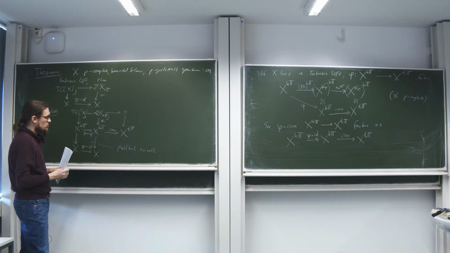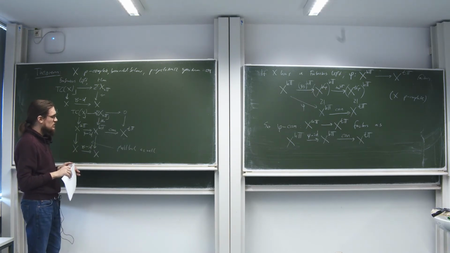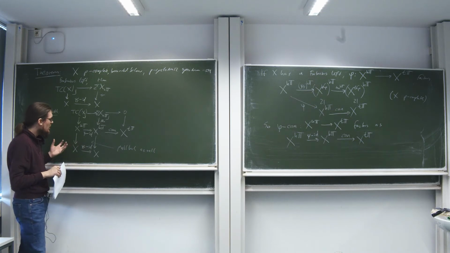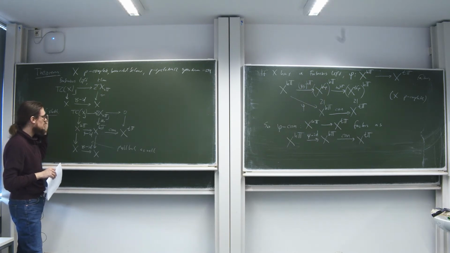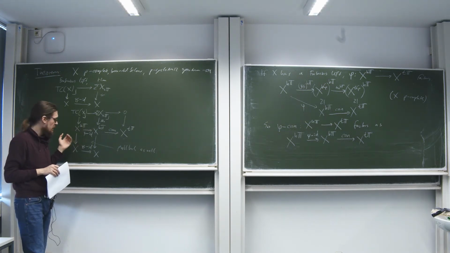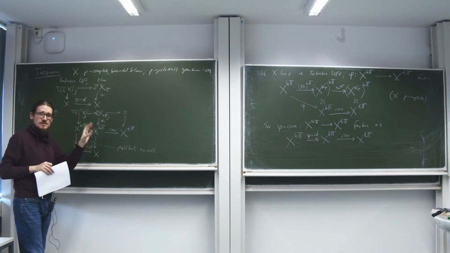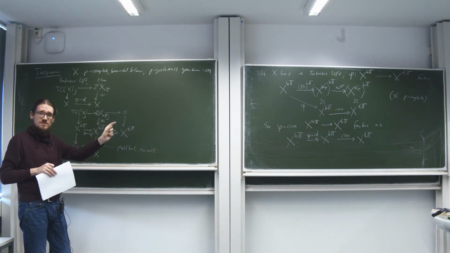And I don't want to do that in detail. If you want to see the details, this is done in section 4 of the Nikolaus-Scholze paper on topological cyclic homology. But the idea is roughly, think about the case where x is just Eilenberg-MacLane, say the p-adics, and the T-action is trivial. In that case, up here, you're seeing something like the cohomology of Cp infinity. And down here, you're just seeing the p-adics, sort of the degree 0 cohomology of Cp infinity.